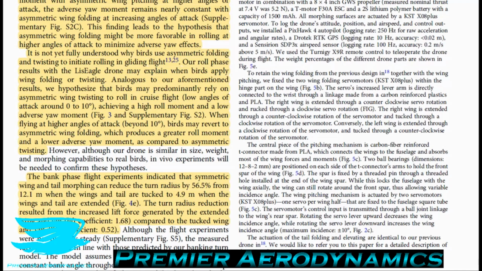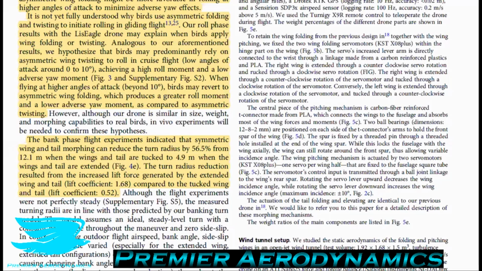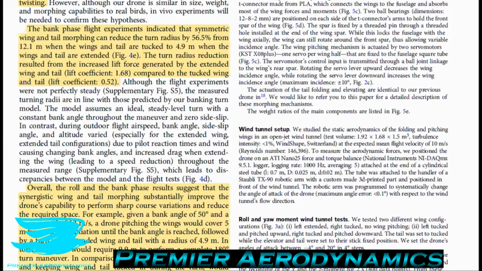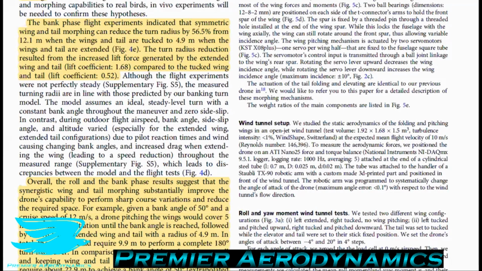When both the wings and tail are extended completely, you get a lift coefficient of 1.68. When you tuck everything in, it's only 0.52. So that's a huge difference. Overall, the roll and bank phase results suggest that the synergistic wing and tail morphing substantially improve the drone's capability to perform sharp course variations and reduce the required space.